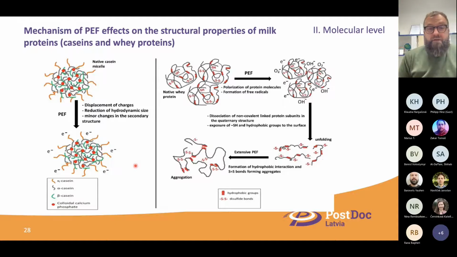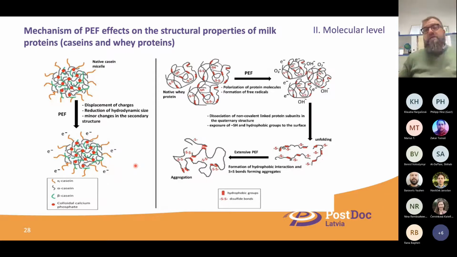For casein protein, PEF displays a charge, which may be good or not, we will see quite soon, because Taha is now working on casein. For whey protein, a component of milk proteins, the PEF can polarize the protein molecules and form free radicals, which can cause unfolding of such proteins.